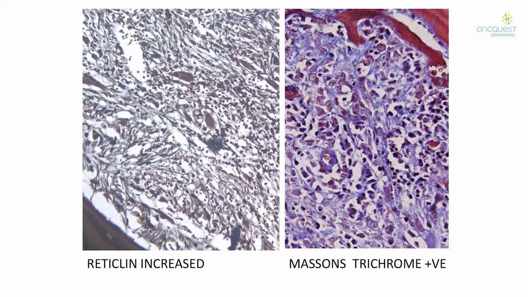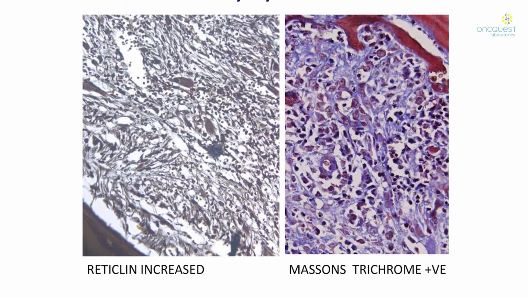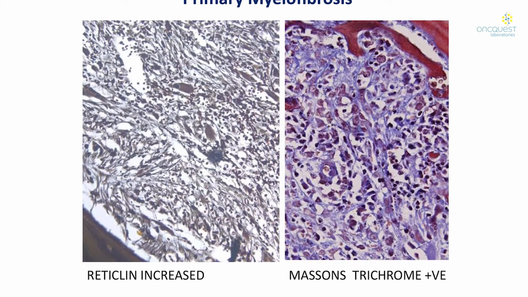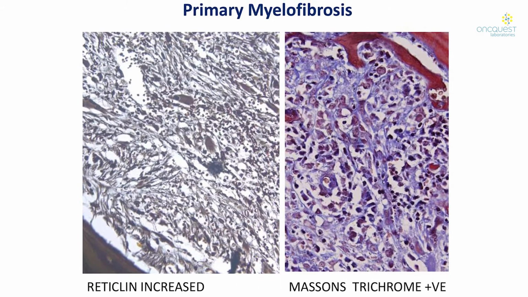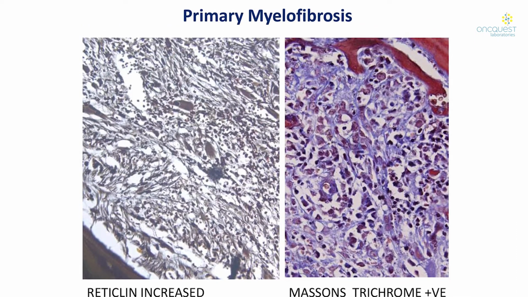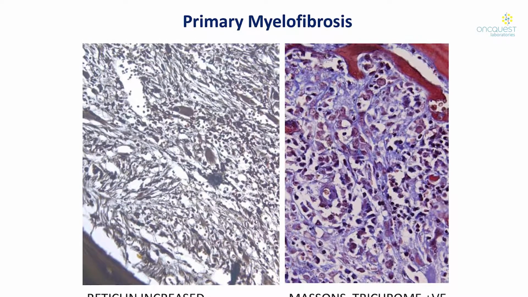And of course bone marrow fibrosis is seen in so many conditions like acute leukemias, chronic lymphoproliferative disorders, chronic myeloproliferative disorders, in which almost all conditions finally lead to bone marrow fibrosis.